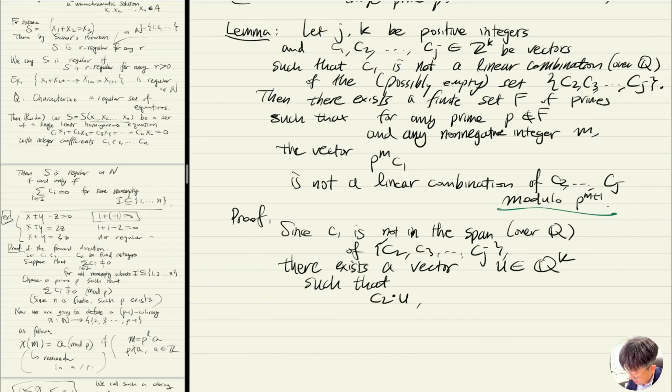C2 dot u, C3 dot u, and Cj dot u are all 0, but C1 dot u is non-zero.